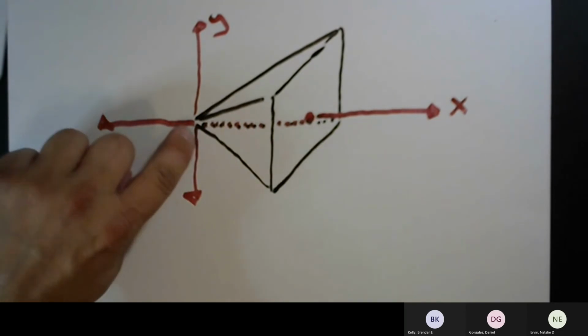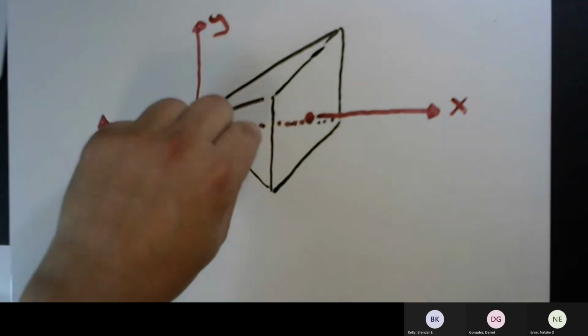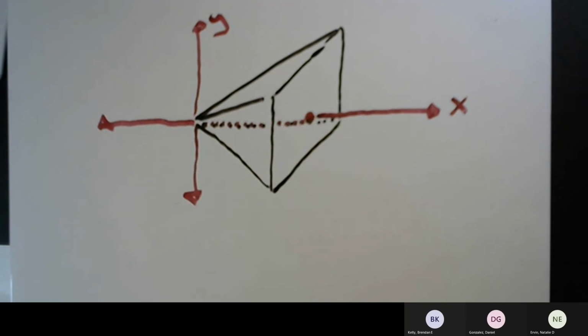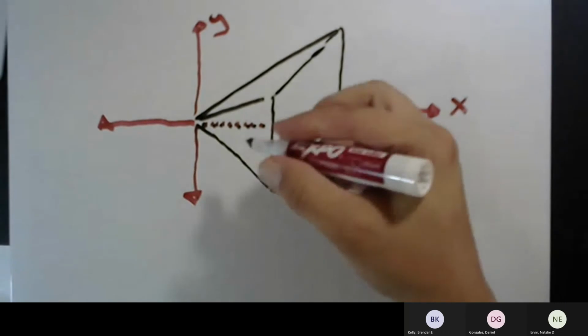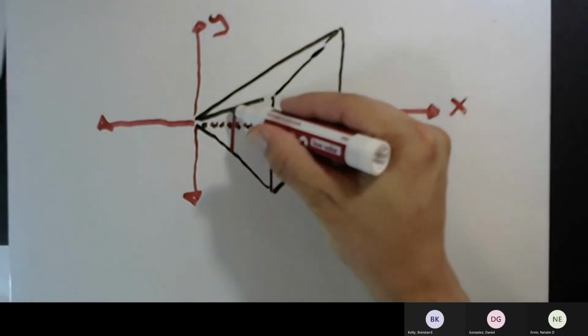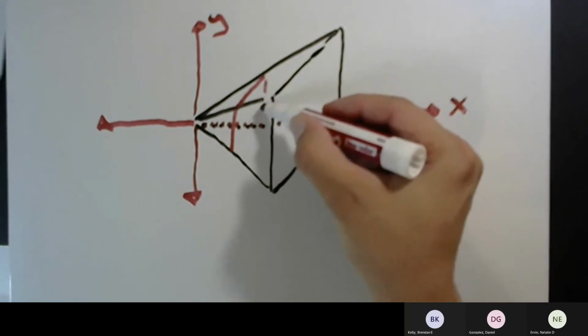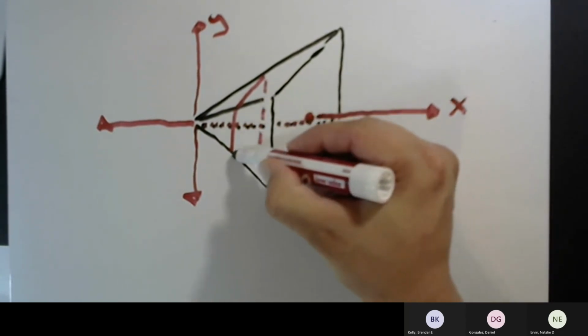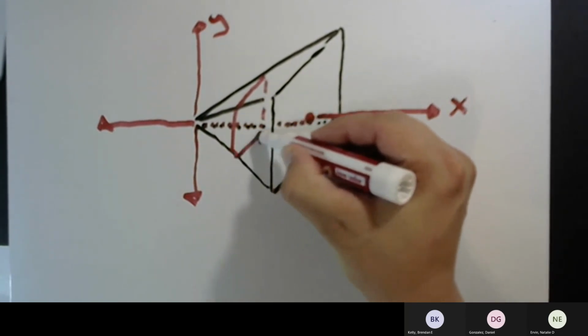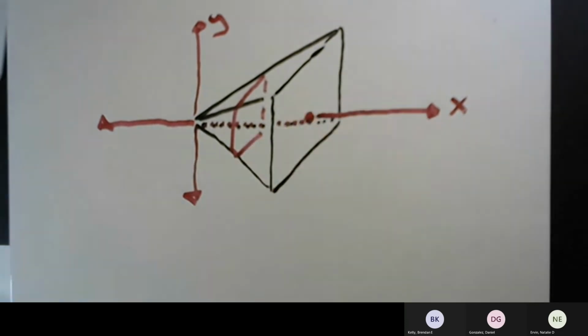So it's going right into the tip of the pyramid, cutting right down the center, popping out the base. Now, a cross-sectional area, it's going to be something like this. It's going to be a square. It's going to be a square on the inside of this pyramid.